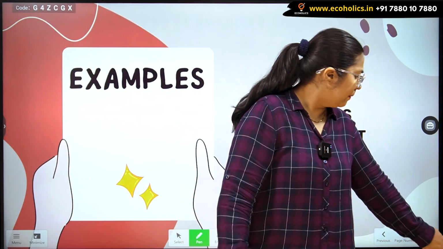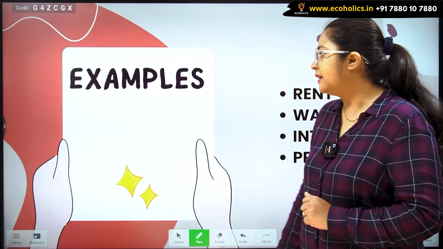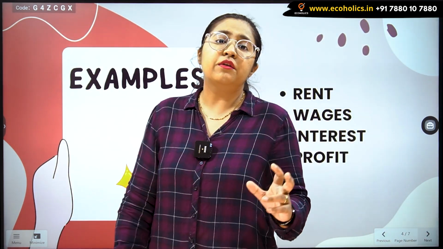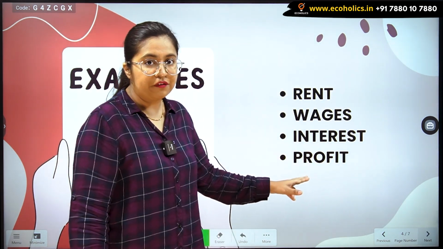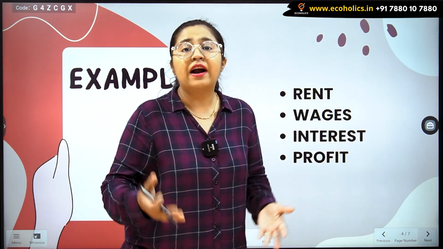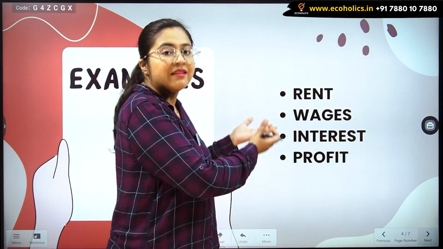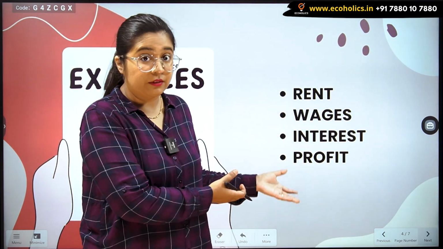Now, some examples of factor income are rent, wages, interest, and profit. Let's indicate the 4 factors of production through which we receive these factor payments or factor incomes.